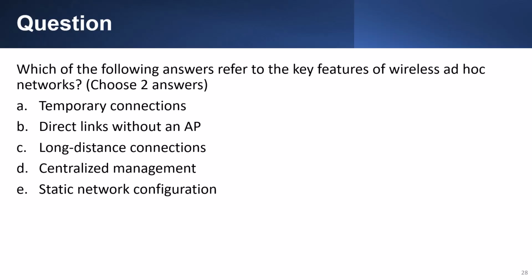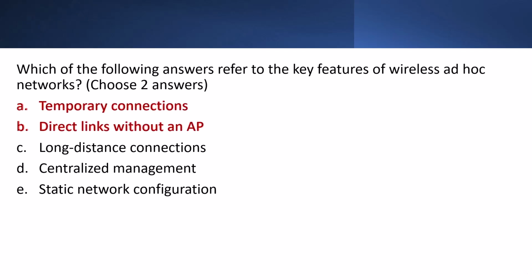Question: Which of the following answers refer to the key features of wireless ad hoc networks? Choose two answers. Answers: Temporary connections and direct links without an AP.